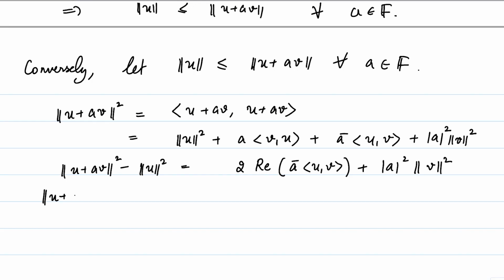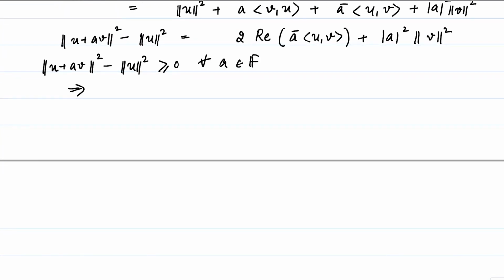This, the whole square minus this, is greater than or equal to 0 for all a in F. So writing down the right hand side, 2 times the real part of a bar times the inner product of u, v plus mod a squared times the length of v squared is greater than or equal to 0.